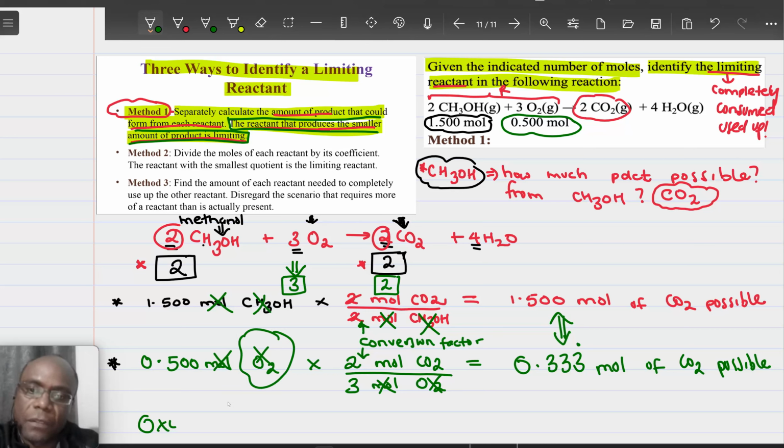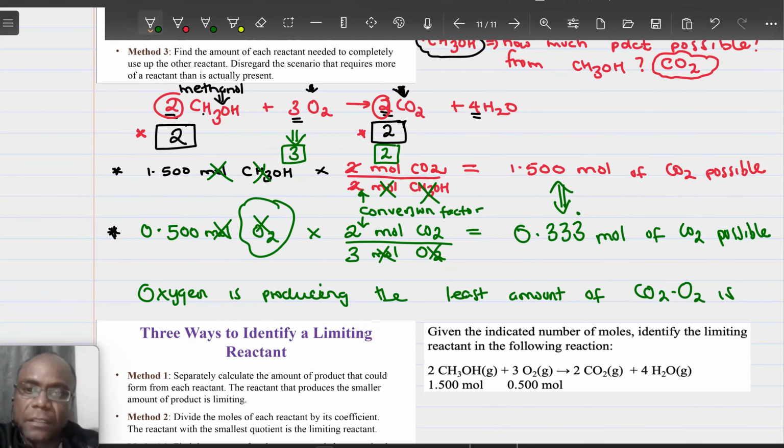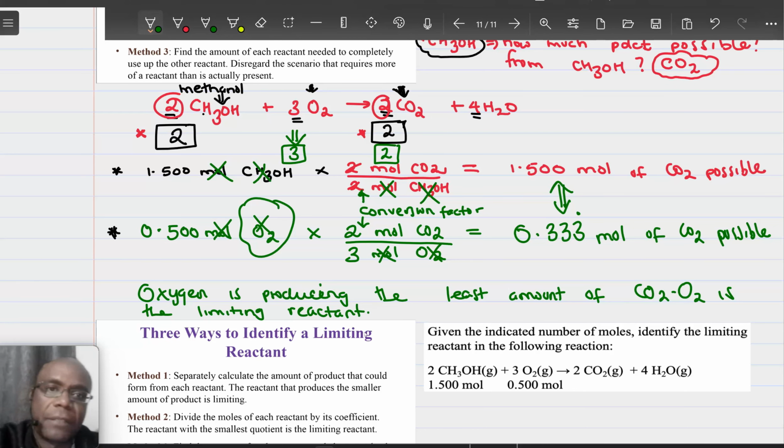So according to method 1, oxygen is producing the least amount of product, which is CO2. That means that oxygen is indeed the limiting reactant. Oxygen is the limiting reactant. So that is method 1 of finding the limiting reactant.